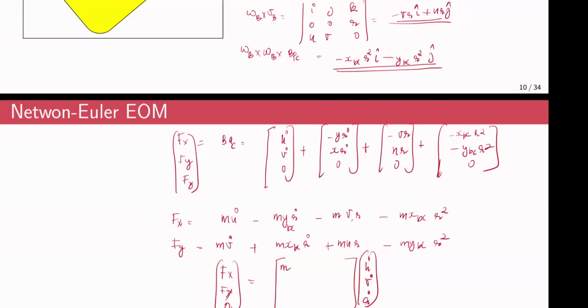Then the other term is 0. Then the coefficient of r dot is minus m y_BC. Similarly, for the second entry, it's 0, m, and m x_BC. All the other remaining terms you can collect into a vector: minus m r (v plus x_BC r), and the second term is m r (u minus y_BC r).